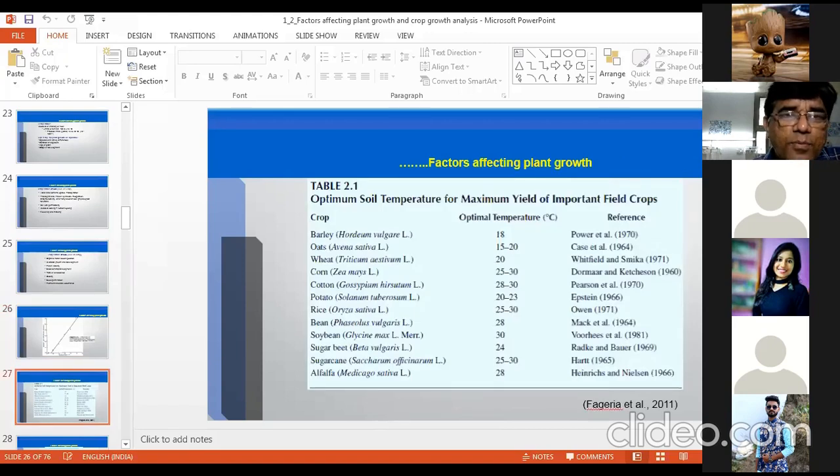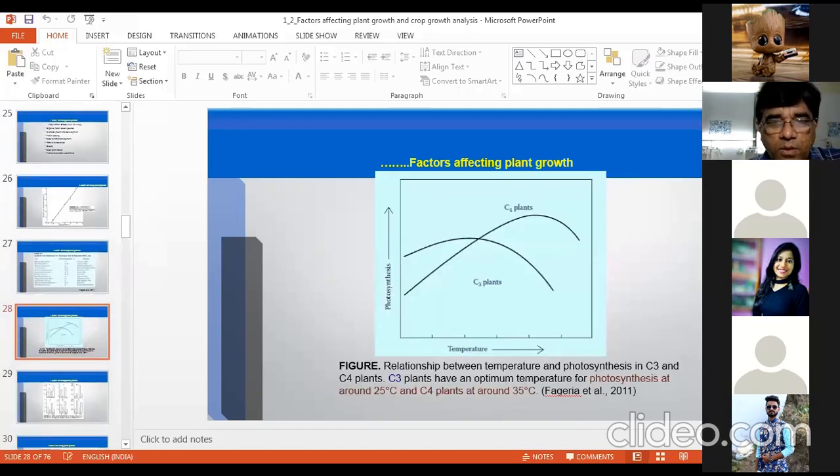Now see, these are the optimum soil temperatures for maximum yield of important crops. Somebody has worked out the optimum soil temperatures for optimum yields of the crops. See here, you get temperature on the x-axis and photosynthesis, or rate of growth, you can call it indirectly rate of growth.